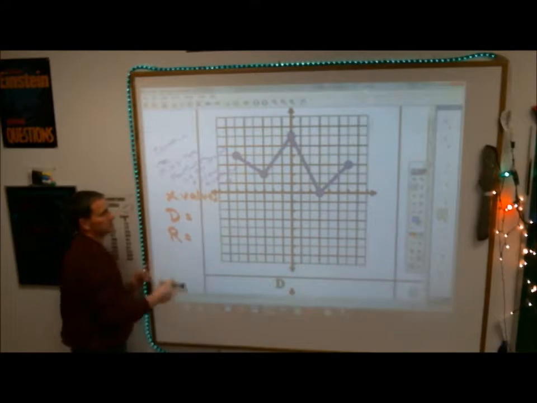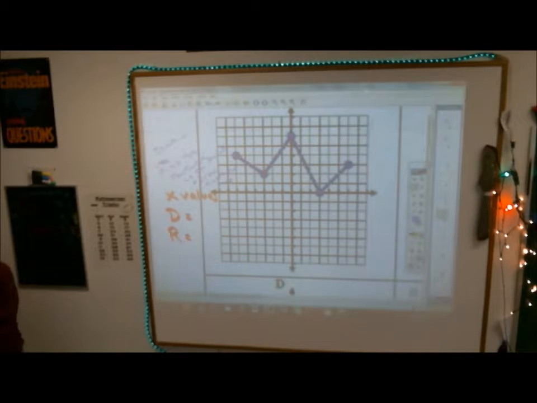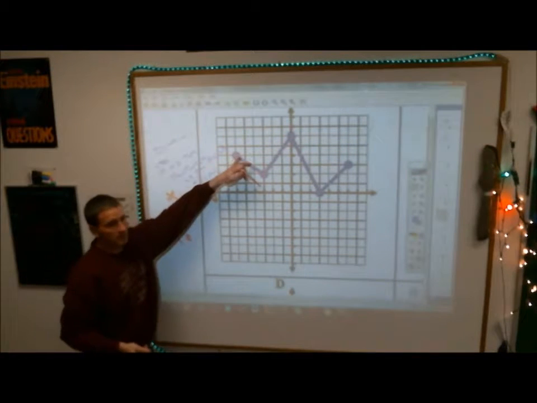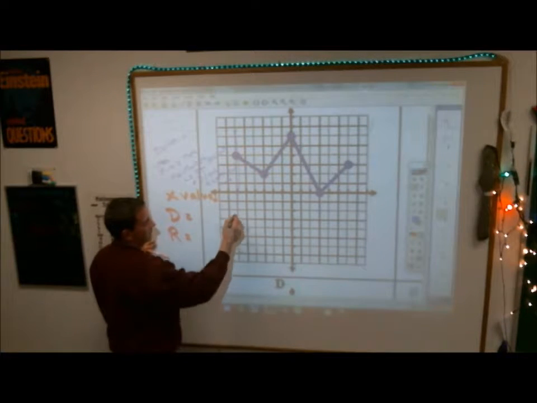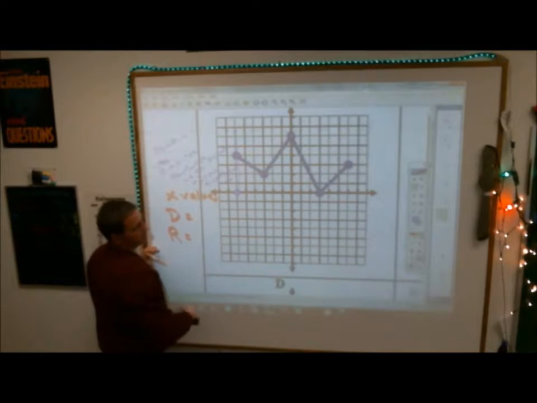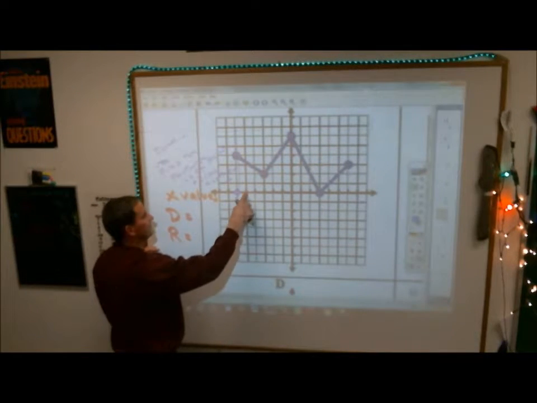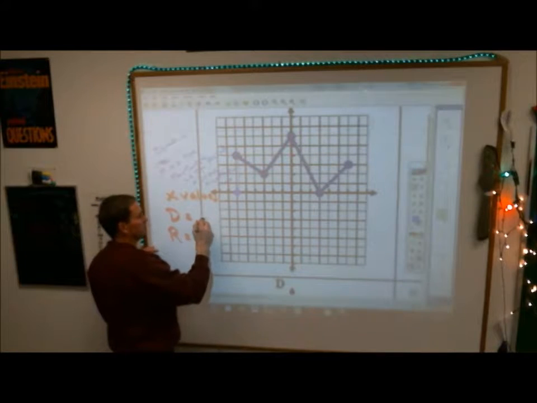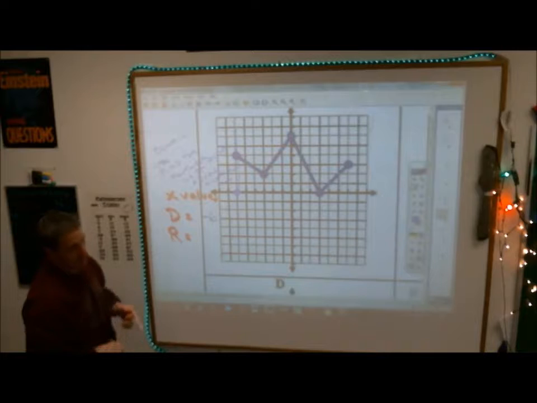So I look at the farthest left point, which is this one, correct? And I draw a vertical line there. Where does that line cross the x-axis? Well, here's 0, -1, -2, -3, -4, -5, -6. The domain goes from -6 all the way.